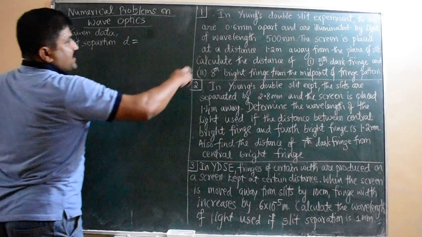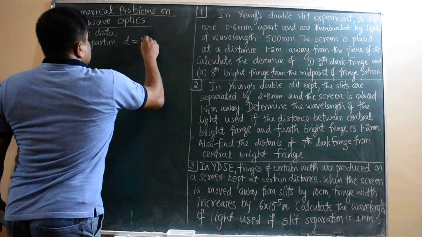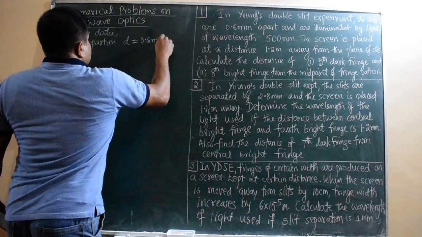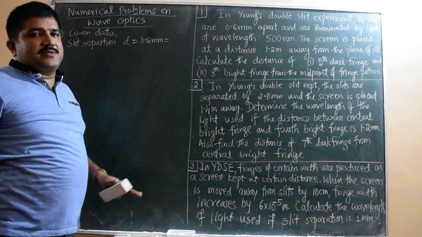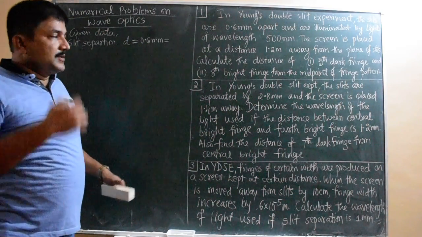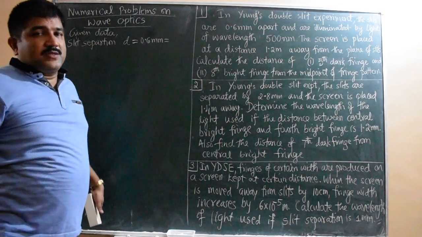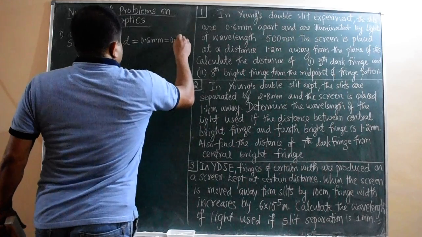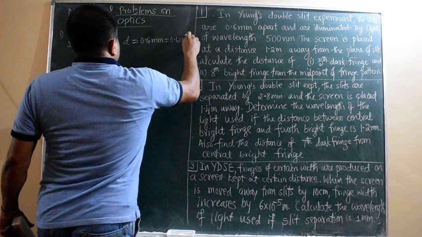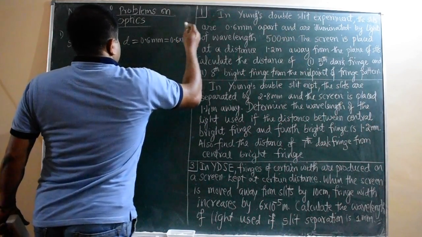It is given as 0.6 millimeter, but you cannot take this number as it is, you have to convert to the SI system. Milli is a prefix, milli means 10 power minus 3, so substitute that: 0.6 into 10 power minus 3 meter.